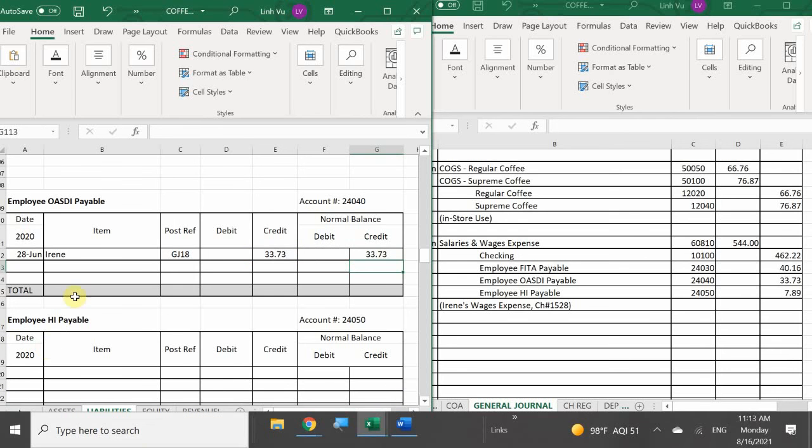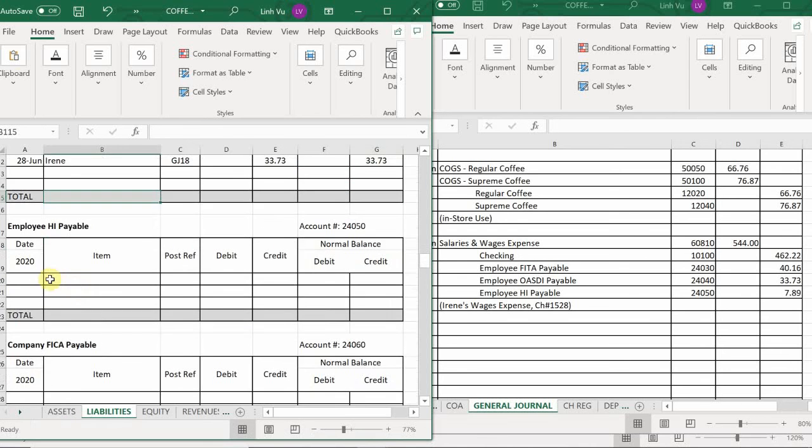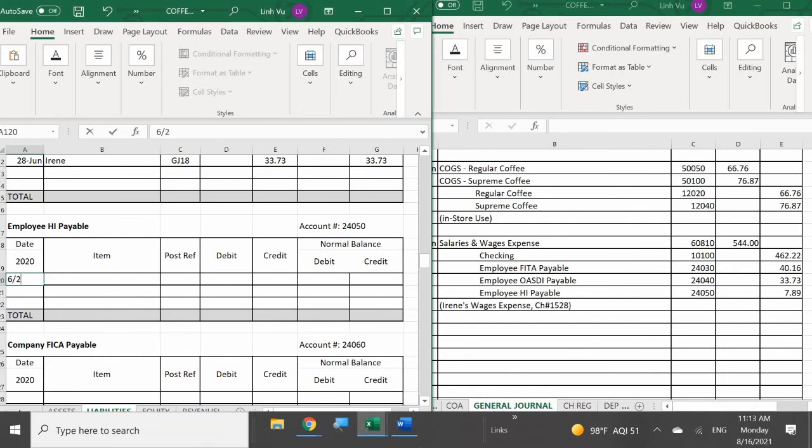Last but not least, what about Medicare? $7.89, to her Social Security.